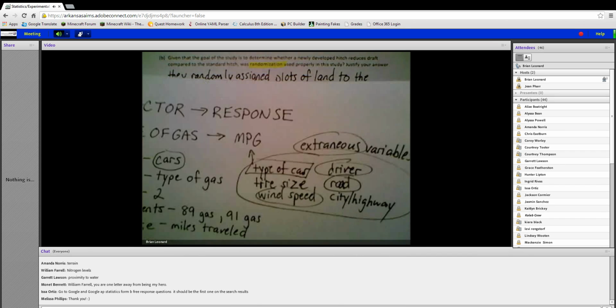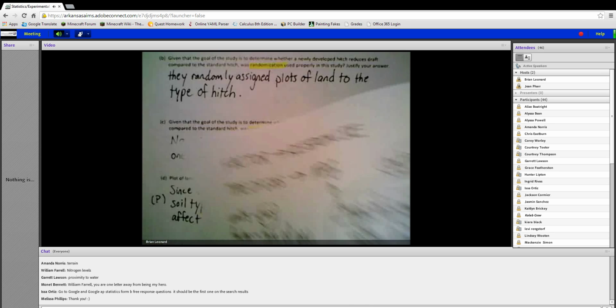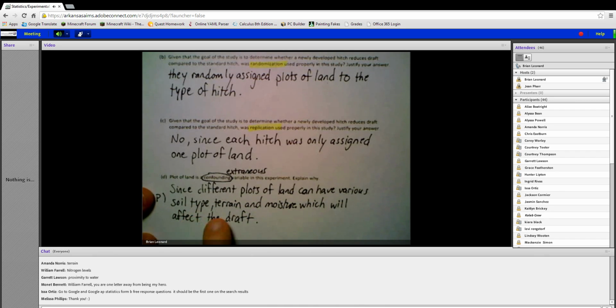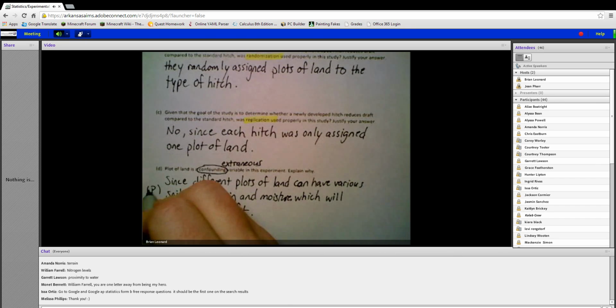Remember, there's all sorts of stuff that can affect the response. That's all that I argued here, is that the different plots of land can have all these different features which affect the response.